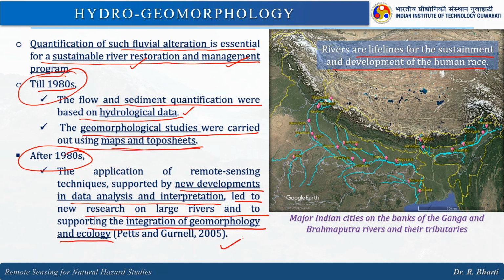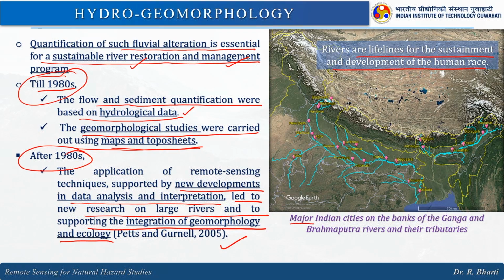So, this is what I wanted to convey, that in the beginning we were only using the maps and toposheets for the geomorphological studies. Now, because of the advancement in technology in terms of remote sensing sensors and analysis techniques, we are moving ahead and doing more quantitative geomorphology, and in this case, more quantitative hydrogeomorphology.